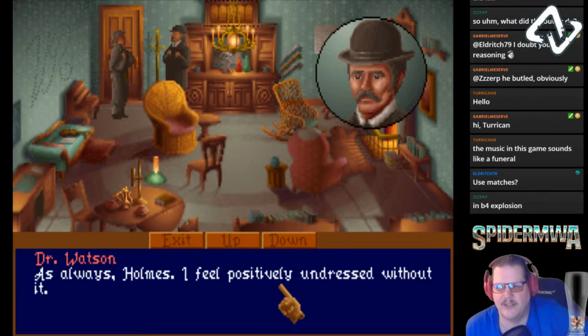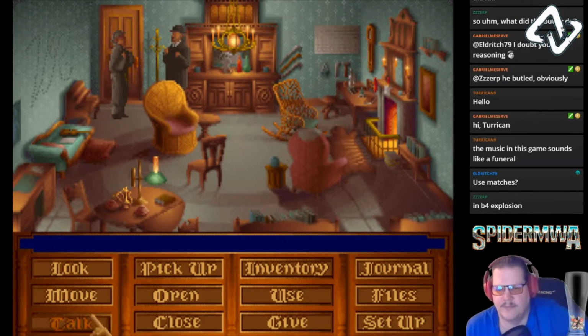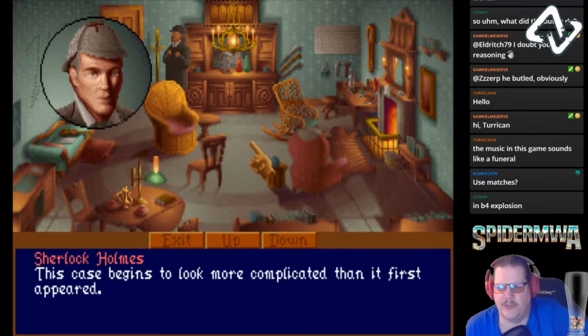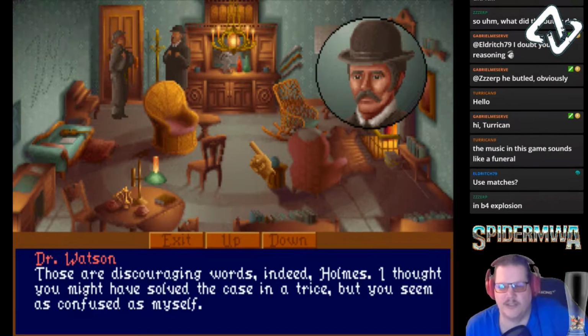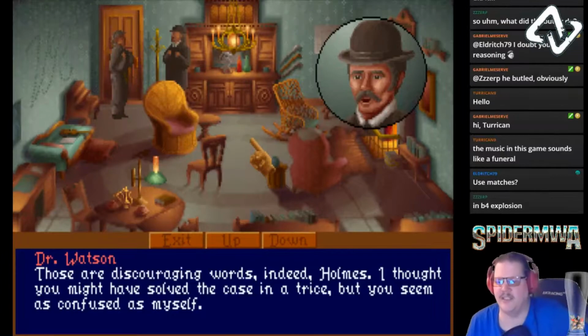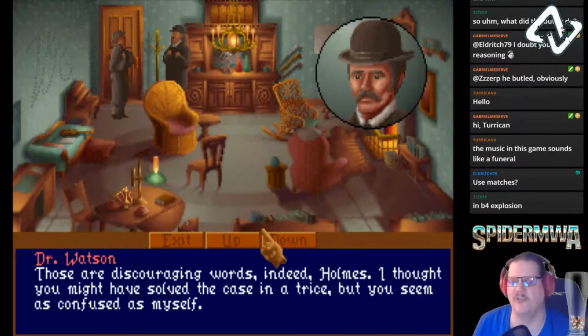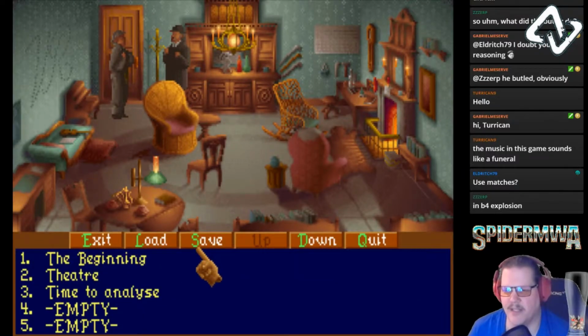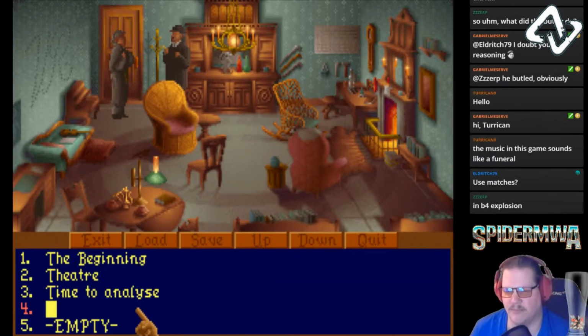I feel positively undressed without it. This case begins to look more complicated than it first appeared. Those are discouraging words indeed, Holmes. I thought you might have solved that case in a trice, but you seem as confused as myself.